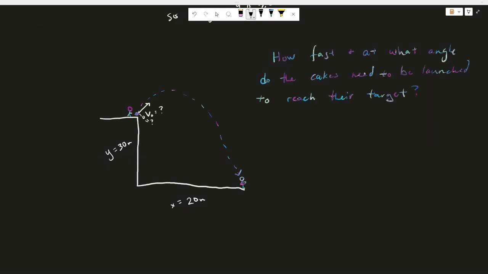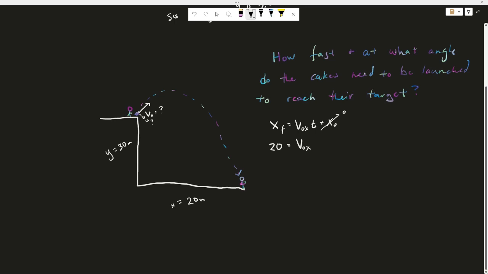So in this case, x final is equal to v naught x t plus our x initial, which we already know is going to be 0, since we're calling the starting point 0. So we replace x final with the final distance that the cakes travel, which is 20 meters in the x direction. And this is going to equal v naught x times t.